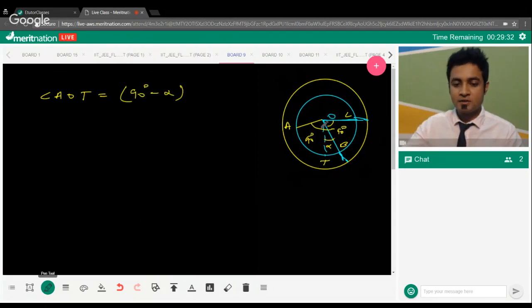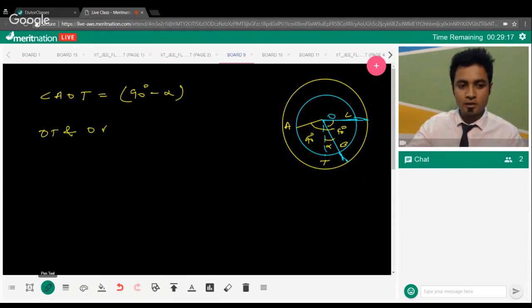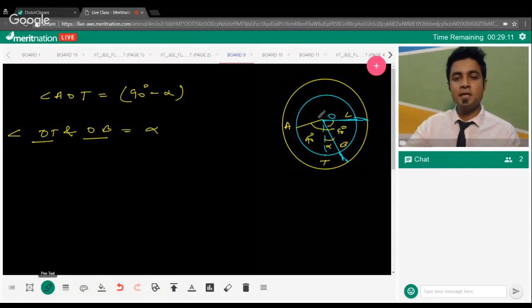Similarly, this is a vertical line, this is another line, and the angle between OT and OB is alpha, right? So if I'm sketching the perpendicular on the two lines, again I'll be getting an alpha, right?